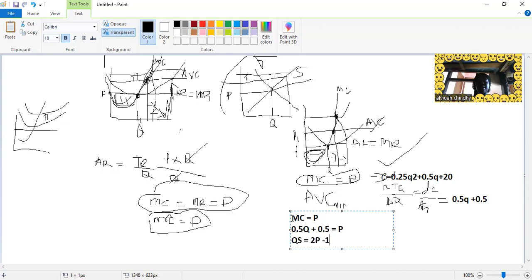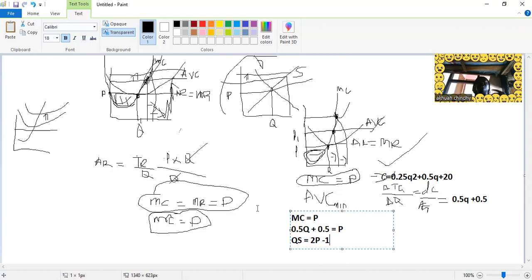We just move the 0.5 to the right side, so it becomes minus, then divide through by 0.5. You work each one of them separately, so it will be P divided by 0.5 minus 0.5 over 0.5. So P over 0.5 gives you 2P, minus 1. So this will become your supply curve.